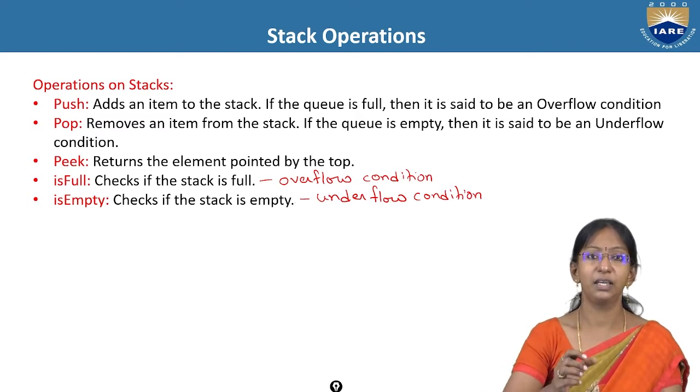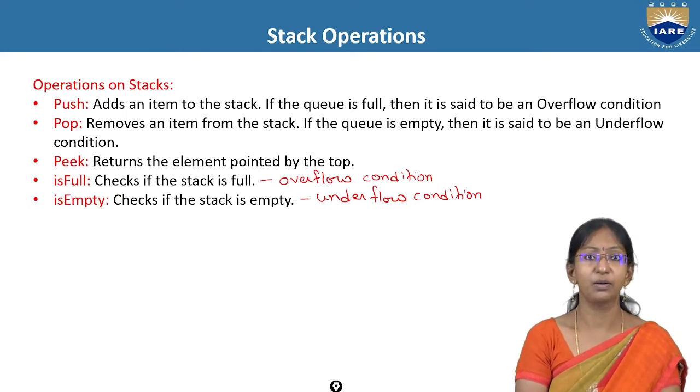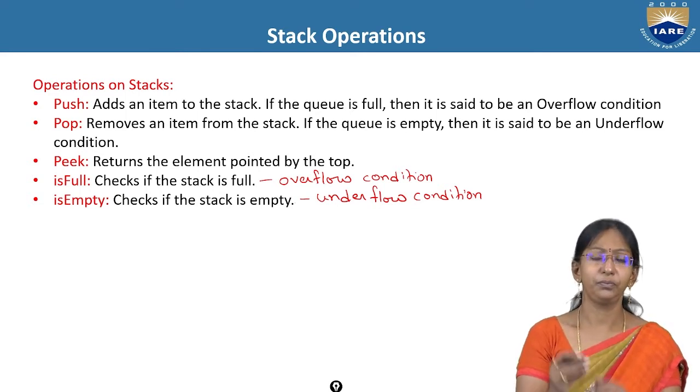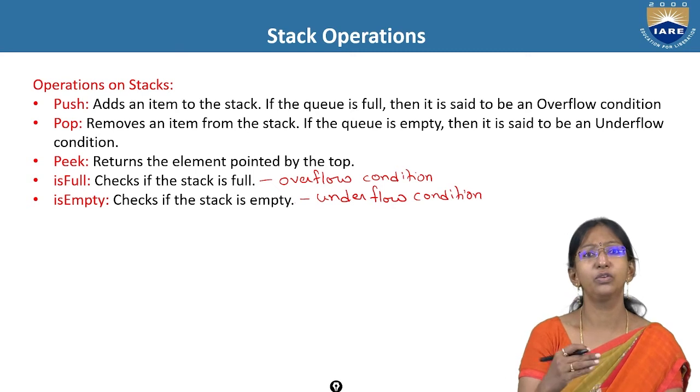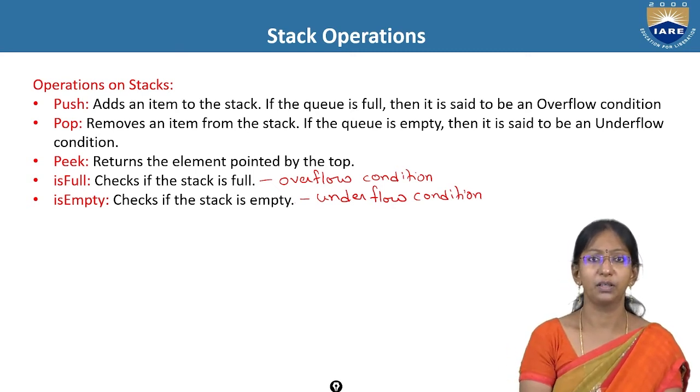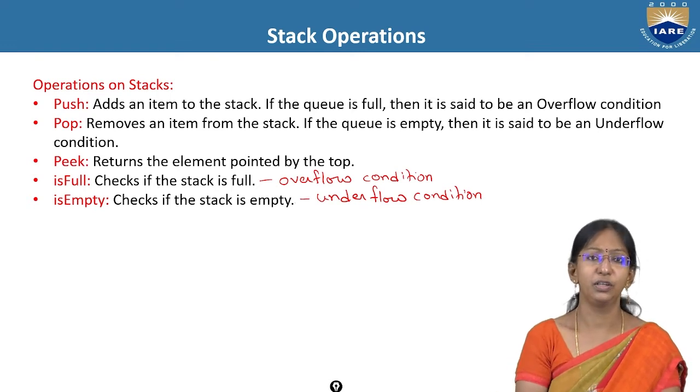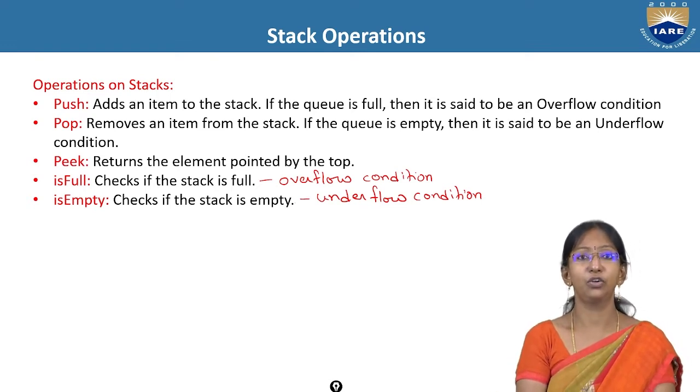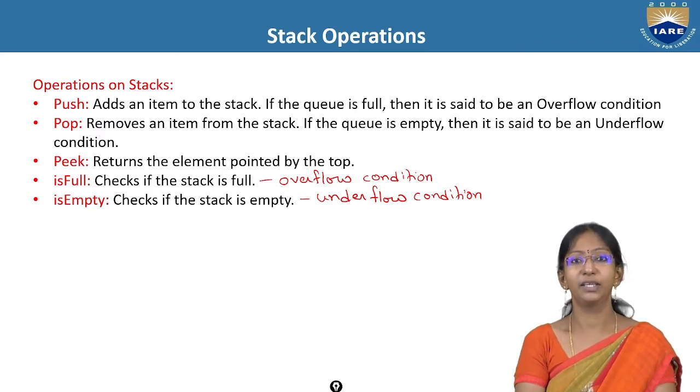So if n is the maximum size of the stack we declare, then n consecutive memory locations will be allocated for the stack to work with. Then we can go for the isFull condition, that is, if the top is pointing to the maximum index value, then we can simply say that the stack is full.